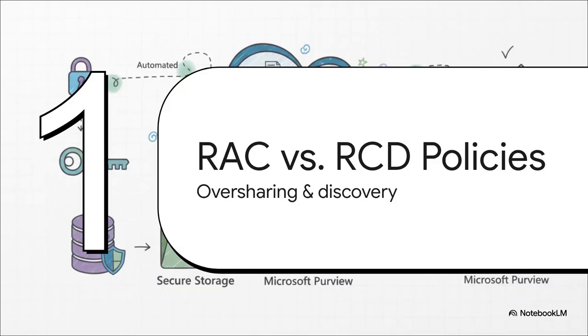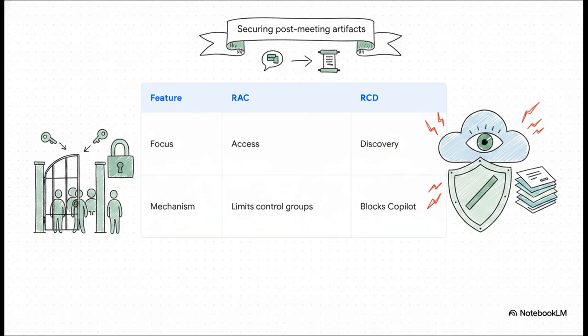Next up, Section 5, RAC versus RCD policies. Let's kind of zoom out for a second and distinguish between two broader site-level policies that help us manage oversharing and AI visibility. All right, so we have Restricted Access Control, or RAC, and Restricted Content Discovery, RCD. RAC is all about access.